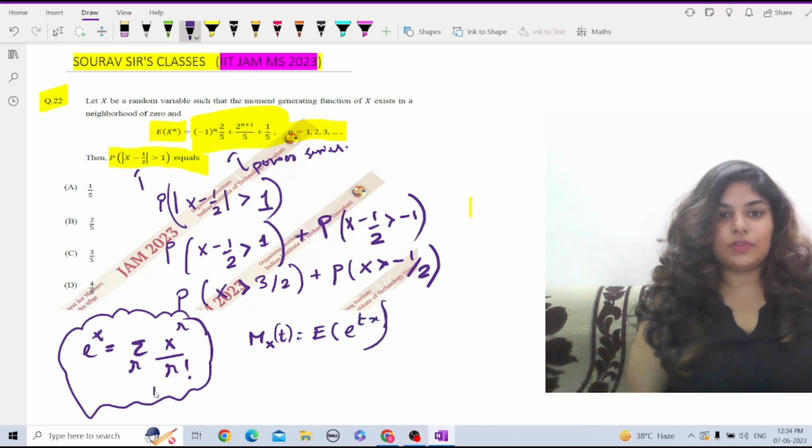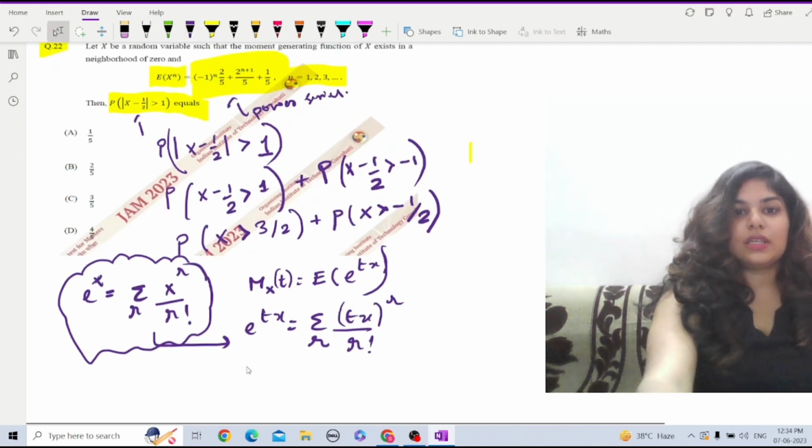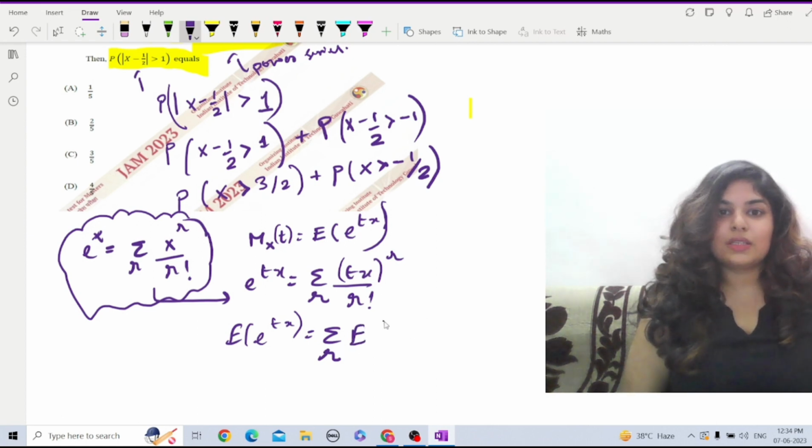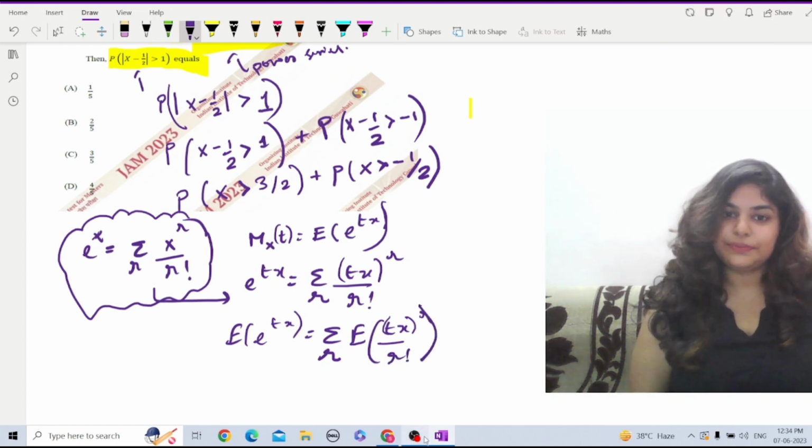So e to the power tX is the summation over r of (tX) to the power r by r factorial. Now if I take the expectation, E of e to the power tX is the summation over r of t to the power r, expectation of X to the power r, by r factorial, right?